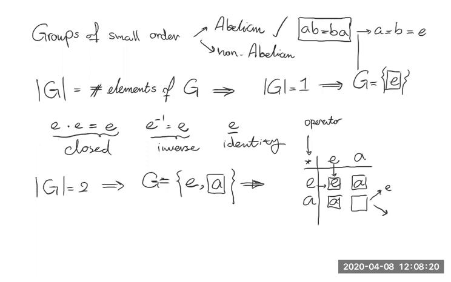But can I choose any one I want, or can it be only one of them? Is it possible for this thing to be E, or is it possible for it to be A? Which one would work? It's quite simple.